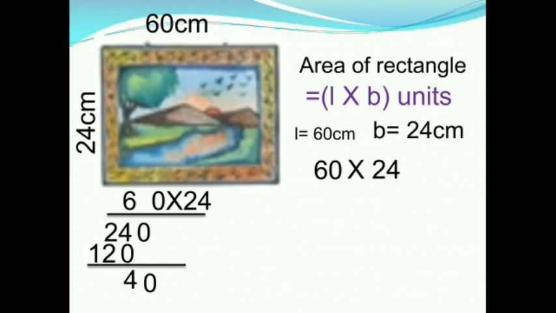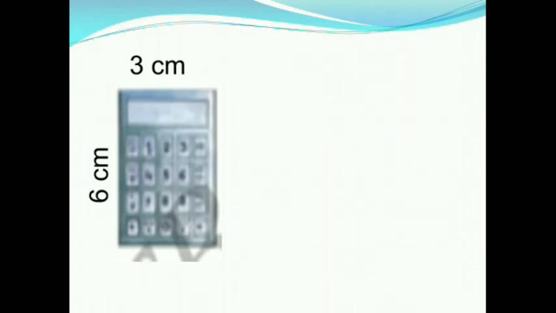Yes, 2 plus 2 is equal to 4. Write 4 below the 2. Next we have only 1. So we should write 1. Therefore, the area of this figure is 1440 square units.